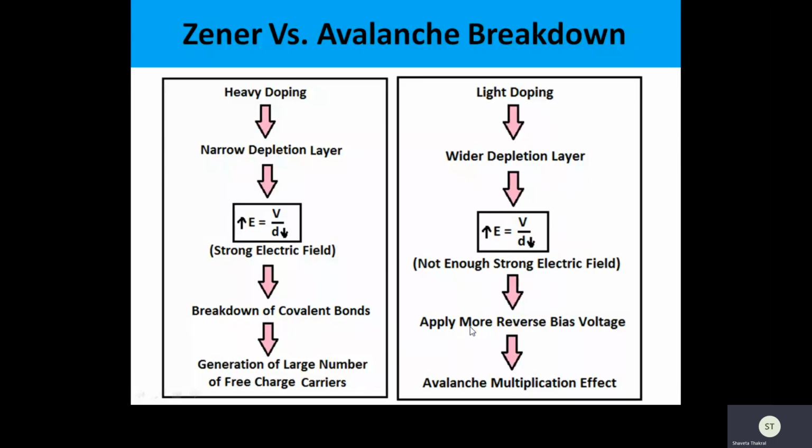So obviously we have to apply more reverse bias voltage. And once we increase the reverse bias voltage, charge carriers gain high kinetic energy, and because of this the avalanche multiplication effect is produced, and that is the cause of breakdown, and that is called the avalanche breakdown. We have to understand what the avalanche multiplication effect is.